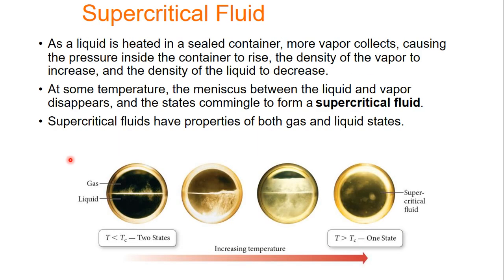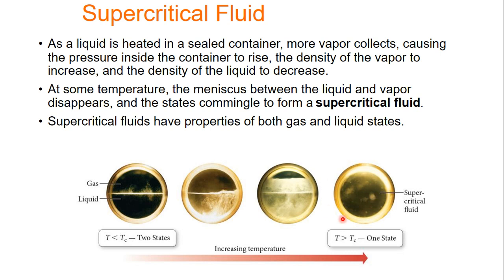And so here we have a liquid, and right now the liquid is in dynamic equilibrium with its gas. So we have a liquid and a gas in a closed container. Eventually we're going to increase the temperature of this liquid, turning more and more to vapor until your separation disappears and you have a supercritical fluid.